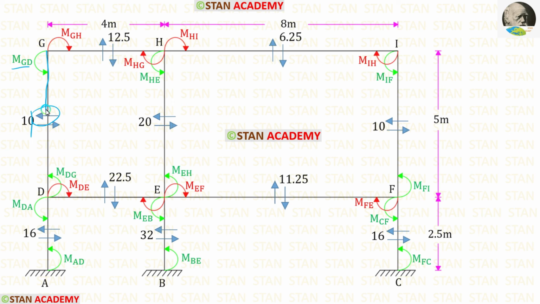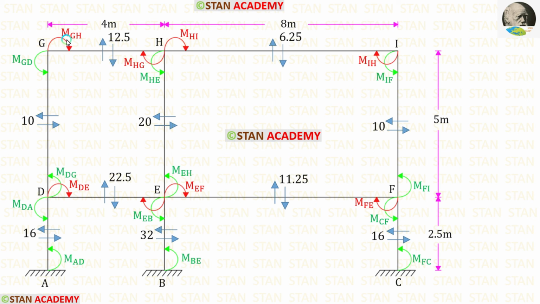We know that we have calculated the shear forces in the center of the members. The total distance of GD is 5 meter. So to get this distance, we have to divide 5 by 2. We will get 2.5. So MGD is equal to 10 into 2.5.